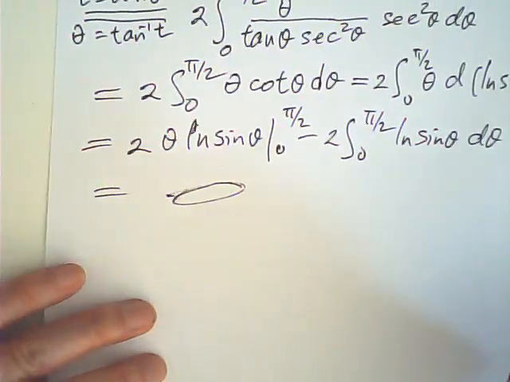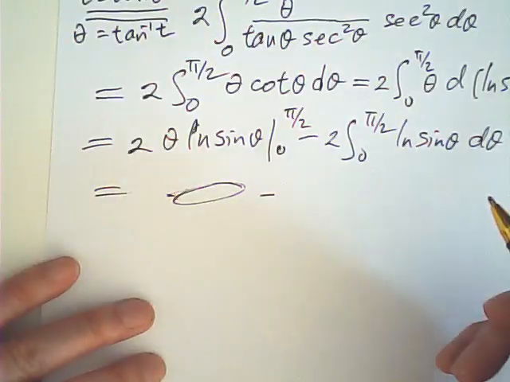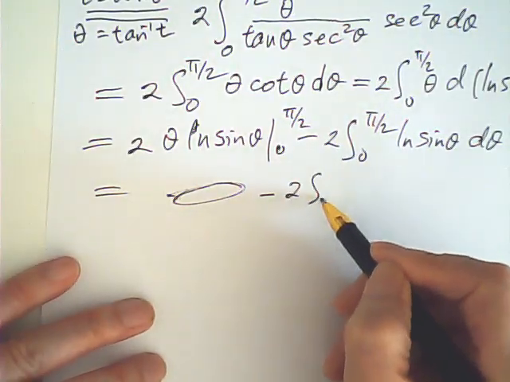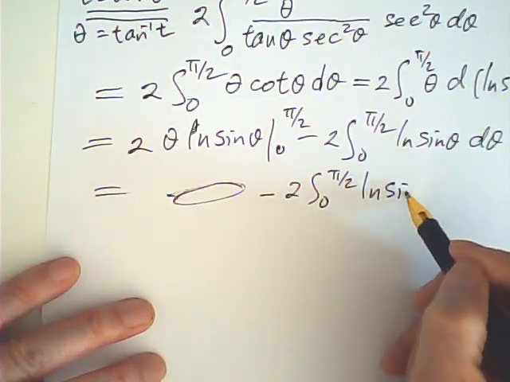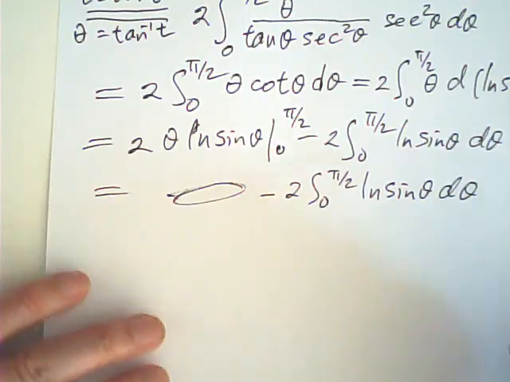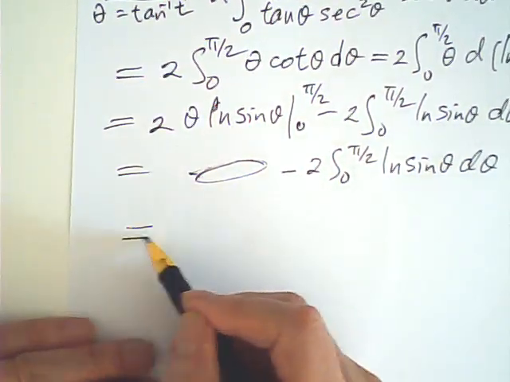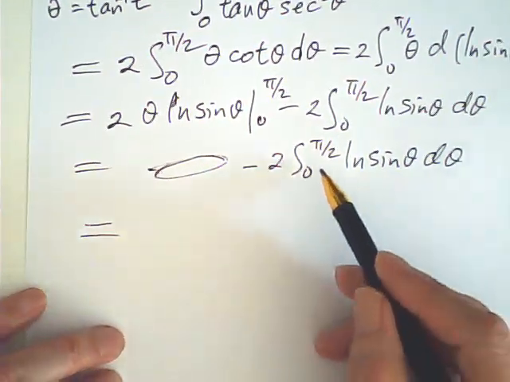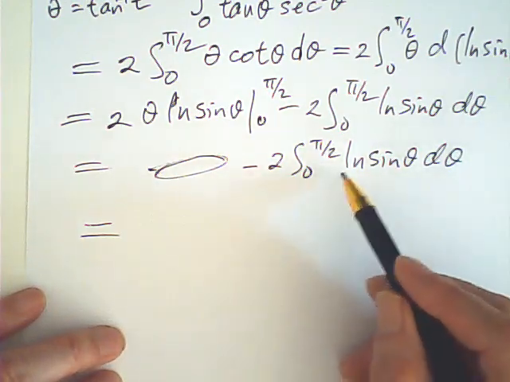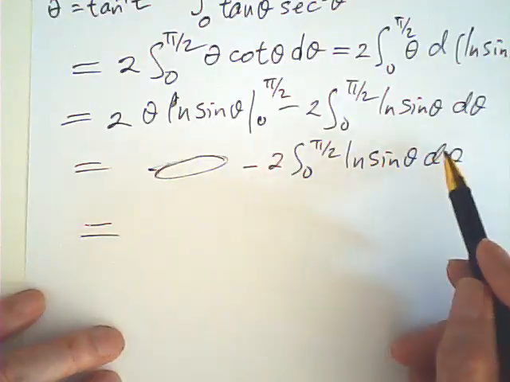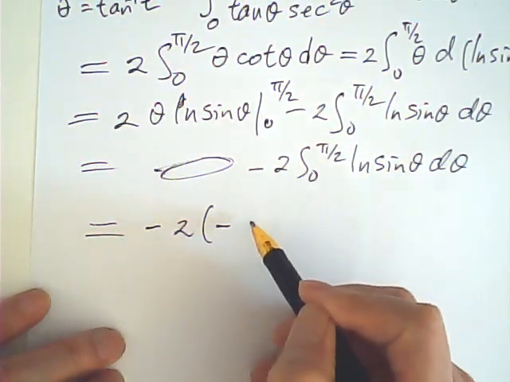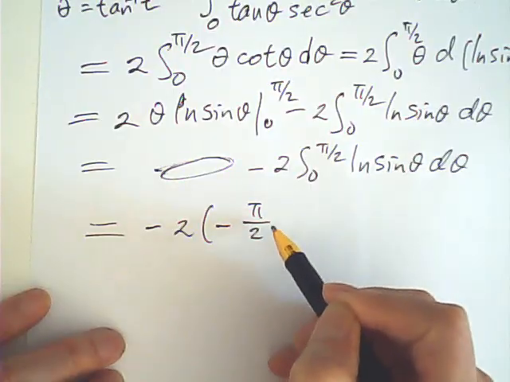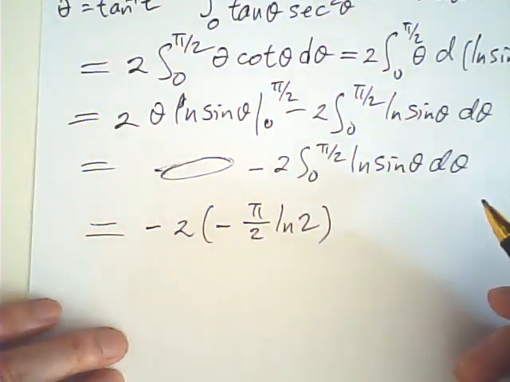So you get 0 minus 2 times the integral of natural log sine theta. Well, I'm not repeating this integral. I do have a video showing this integral is equal to negative pi over 2 log 2.